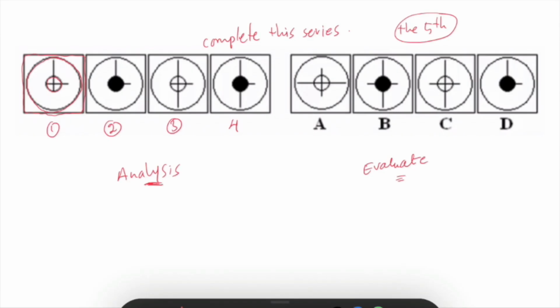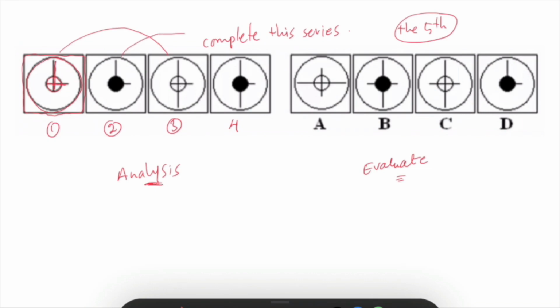And we have two lines perpendicular to each other, one long, one short. So we can see that in patterns 1 and 3, they keep the same color of the small circle.